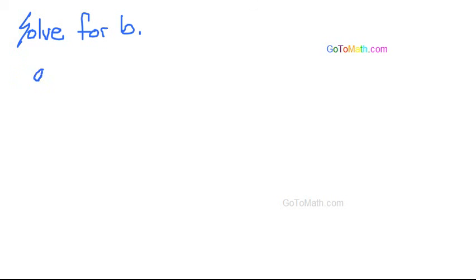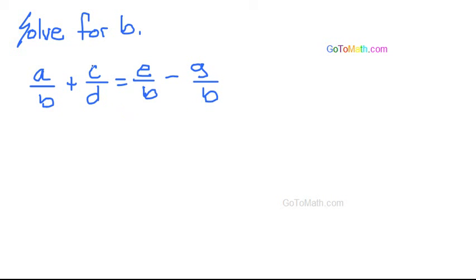We have A over B plus C over D is equal to E over B minus G over B. We have two fractions over here on the right that have the same denominator, so let's just go ahead and join them together, and that just means we're going to add the tops, or in this case subtract the tops, I guess you could say.